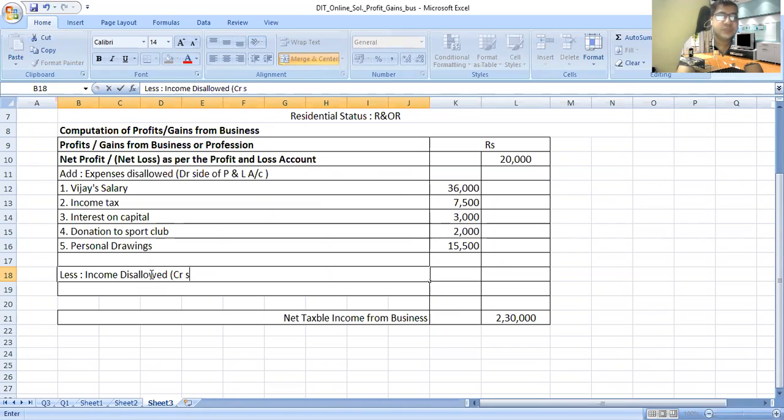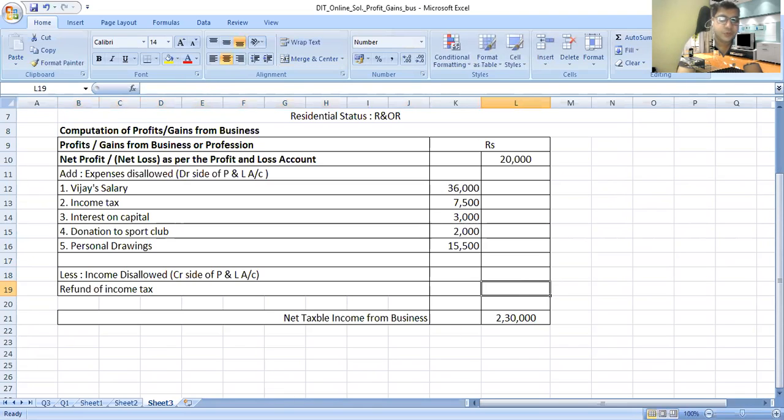Those incomes which are on the credit side of the profit and loss account and are not business income should be deducted from net profit. Refund of income tax is not a business income. We will directly put the value 2000 in the outer column because there is no other kind of income on the credit side.